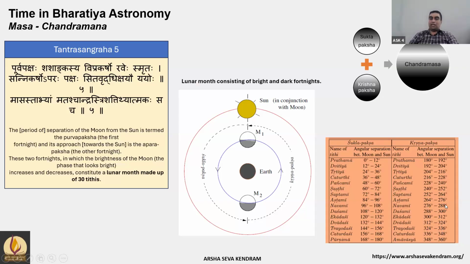But the angular separation increases because of the 360-degree system that we are following, right? But yeah, basically one lunar month consists of these 30 tithis. I think that's the real takeaway from here, right?